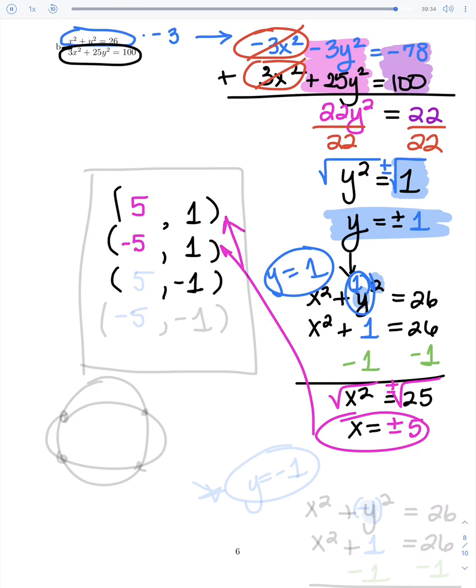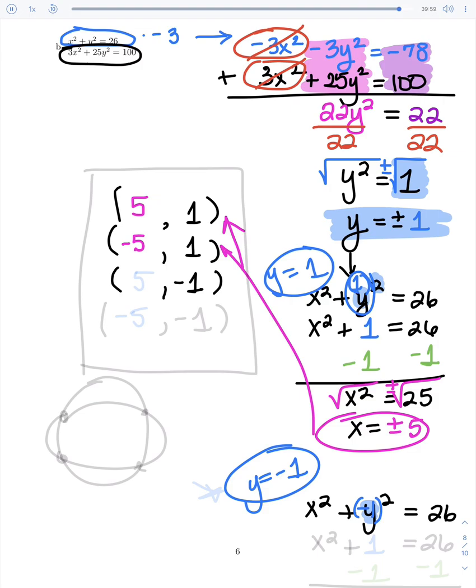And I'm still not done. I still have to plug in my other value for y that I got, which was -1. I'm going to plug this into the same equation though, x squared plus y squared equals 26. So I'm going to replace that y with a -1.